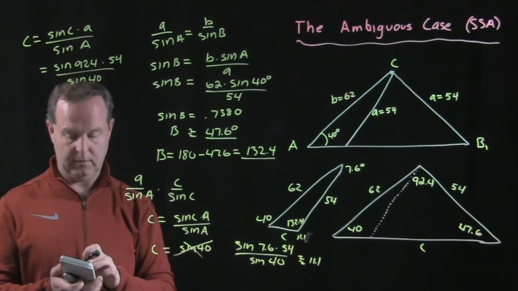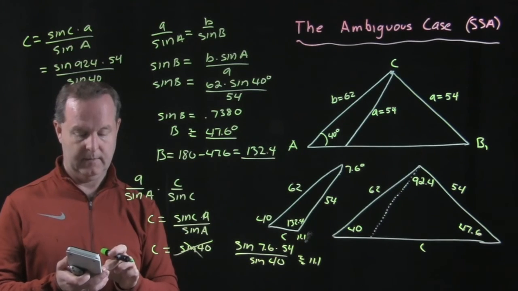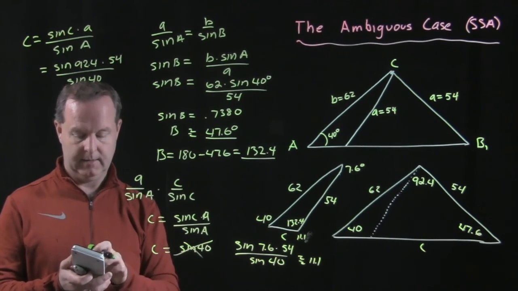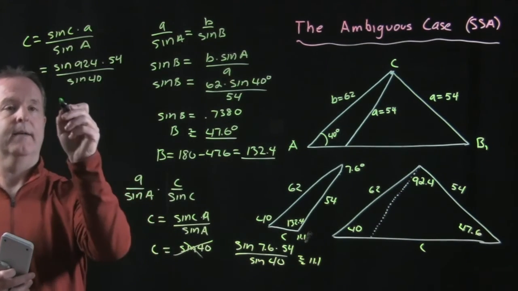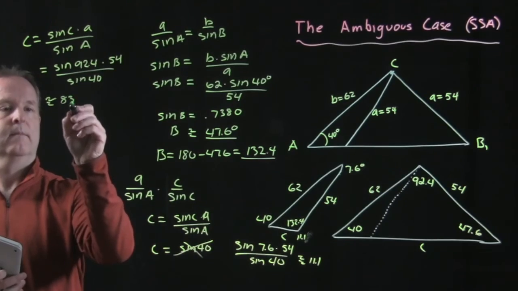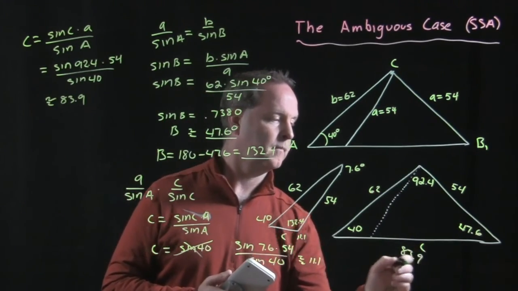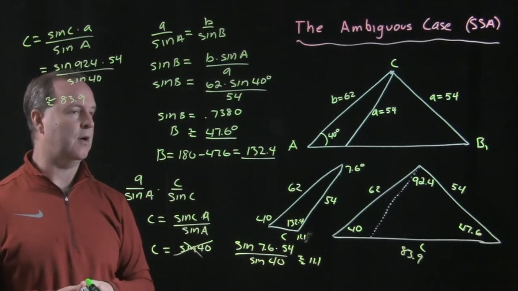Sine of 92.4 times 54 divided by sine of 40 equals 83.9. And that's reasonable because that's the line that extends from the largest angle.